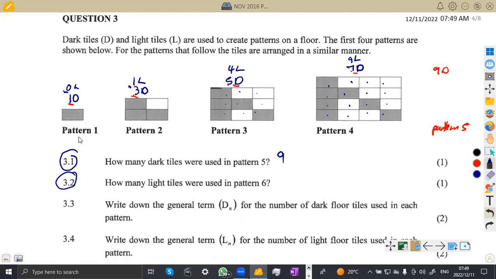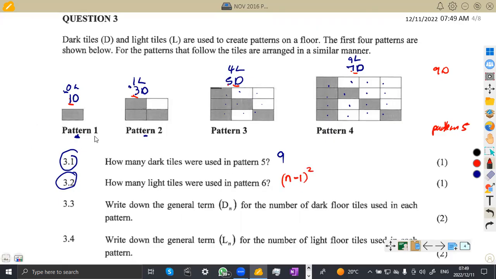Let me write it this way. We've got 0 here, which is the first value. The second pattern, that's a 1. So which means we are having 1 less from each term. Let's say n is representing the pattern, the nth term. So it's n minus 1 to the power of 2 because these are perfect squares.